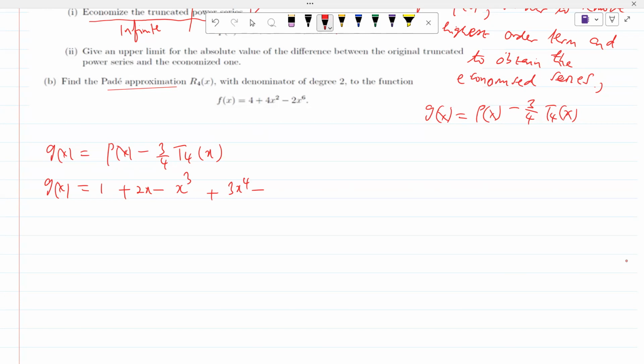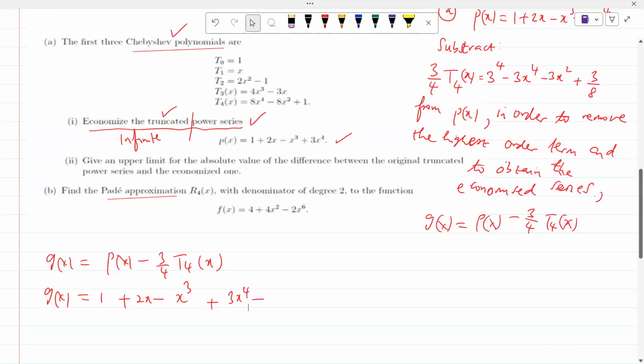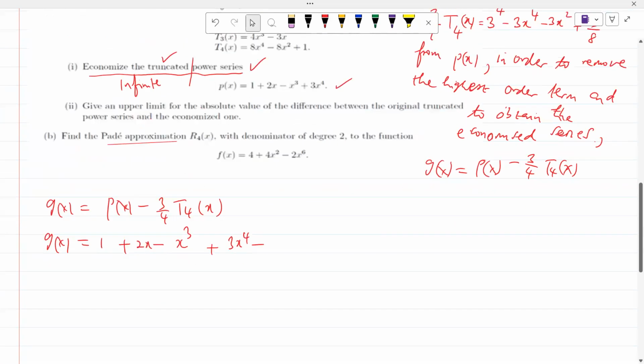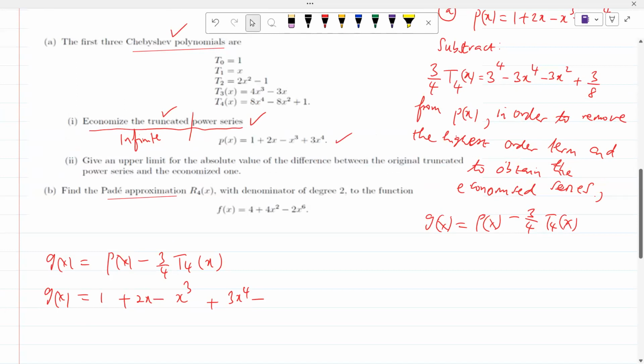So we continue. We have seen therefore that if we take T4 and subtract it from p of x, we will obtain this new economized polynomial.